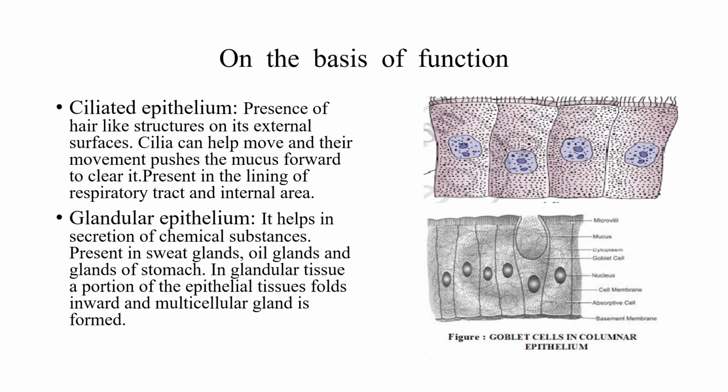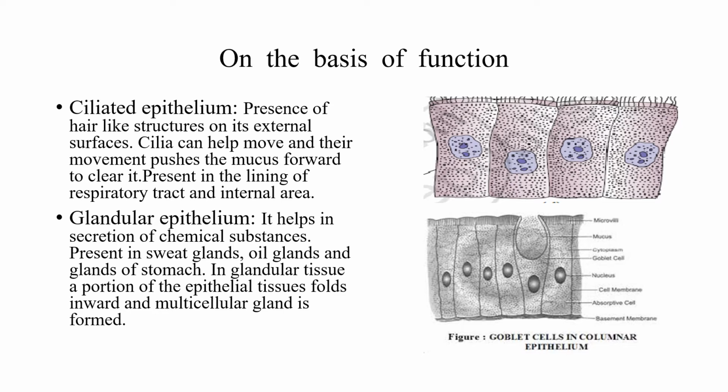On the basis of function, again the epithelial tissues are divided into two types: ciliated epithelium and glandular epithelium. See, in the first diagram you can see at the top hair-like structures, that is what is called cilia. It helps in movement. For example, even inside our nostrils you can see the hair-like structure.